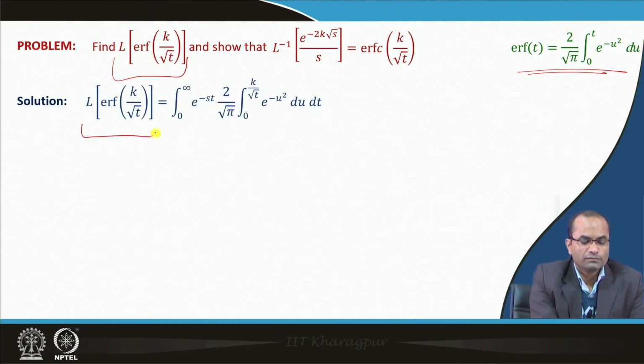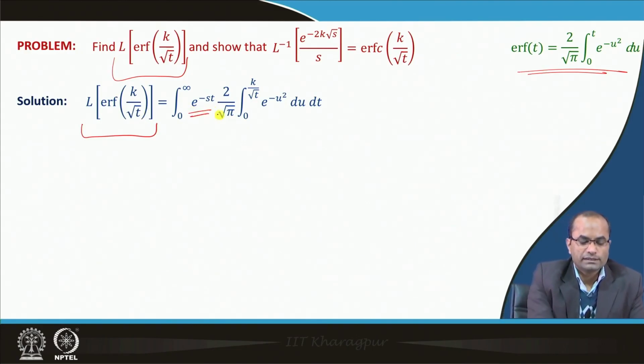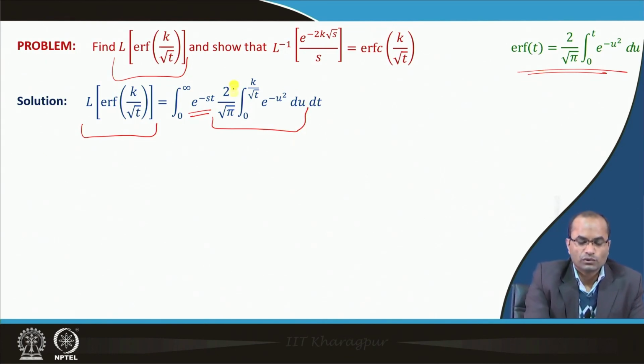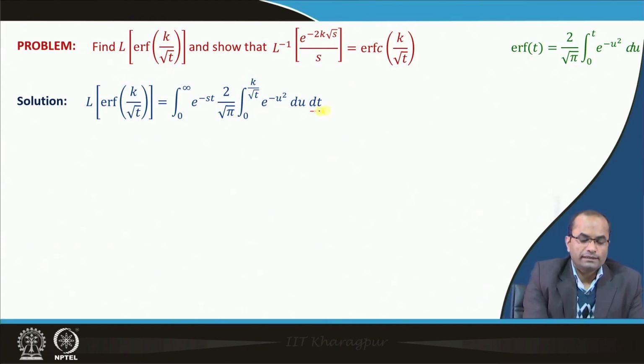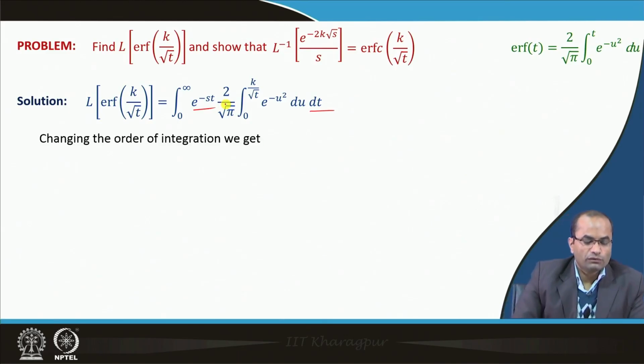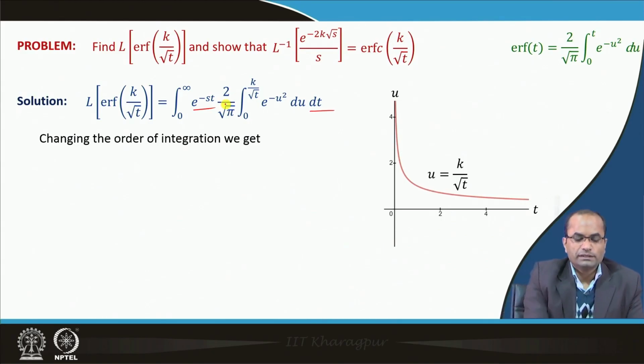So, the Laplace transform of the error function of k over square root t is the integral of e power minus s t, and the definition we have for the error function, 2 over square root pi, integral from 0 to, now the limit will be k over square root t, of e power minus u square du, and then dt for this Laplace transform. Now, we will change the order of integration. So, changing the order of integration means u is going from 0 to k over square root t.